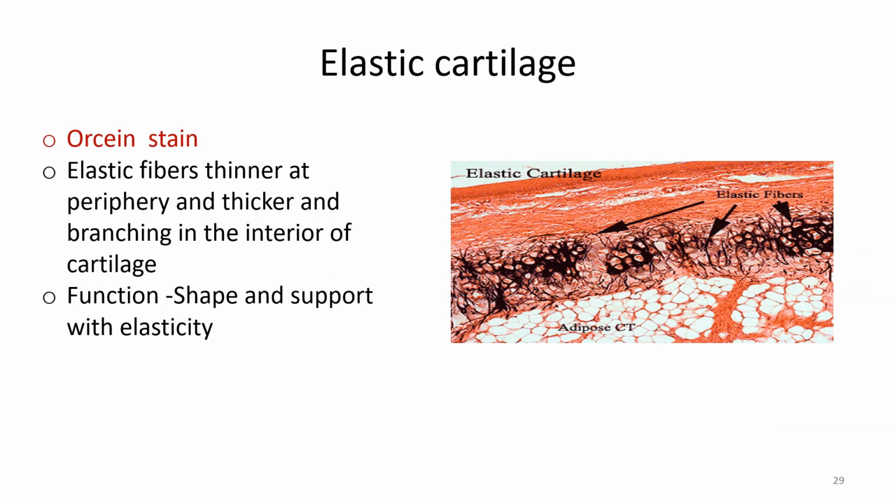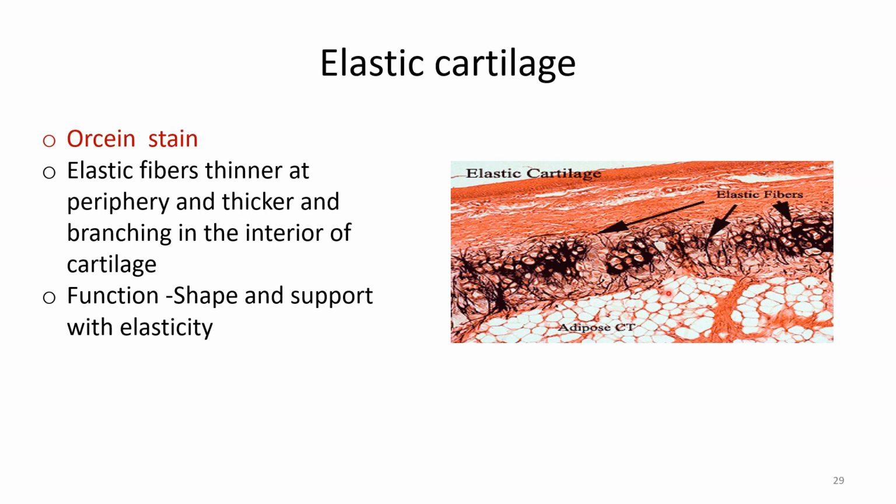Then when we use a special stain, Orcein stain, the elastic fibers will appear dark black in color, and they are thinner at the periphery, which you can see, because with the special stain only you can identify the individual elastic fibers, and they are thin at the periphery and thicker and show branching in the interior of the cartilage.